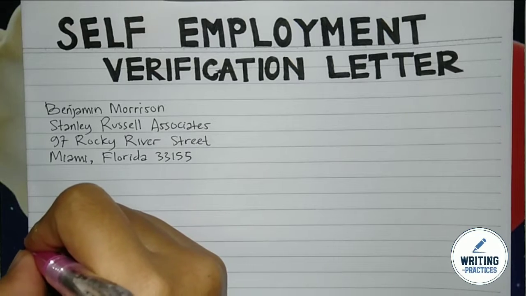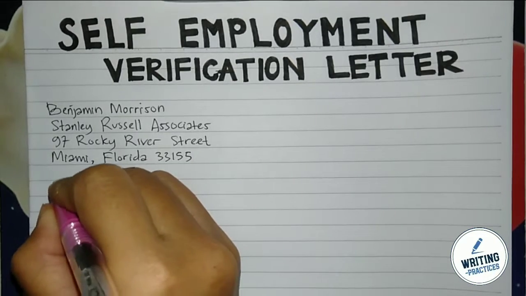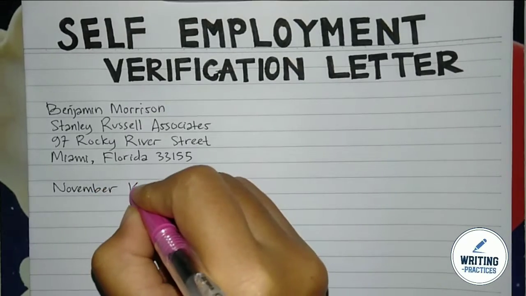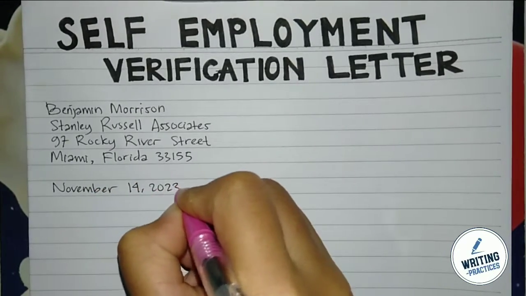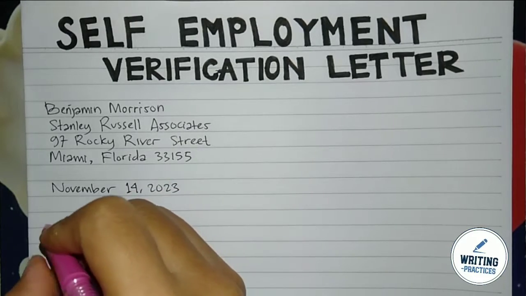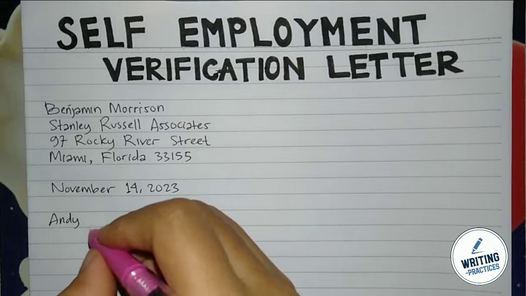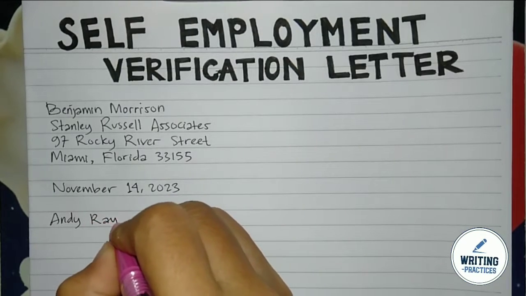And now, write the date of the letter. You can use the format of month, date, and year. For the next, write the information about the recipient. You can start with the full name.